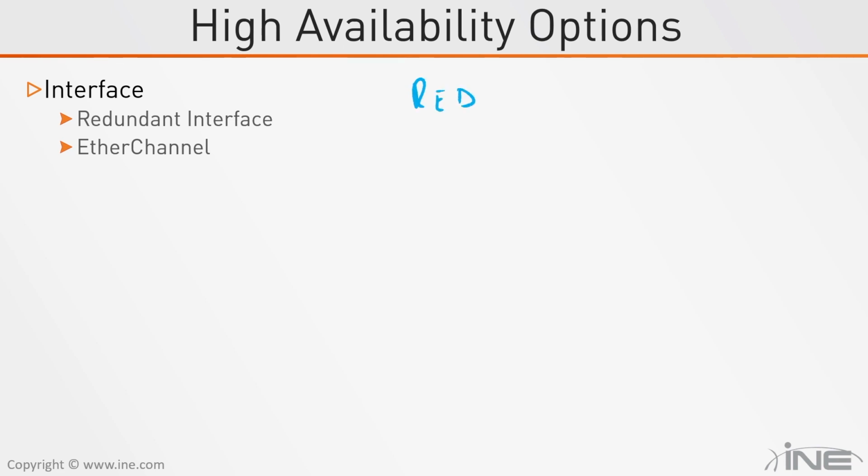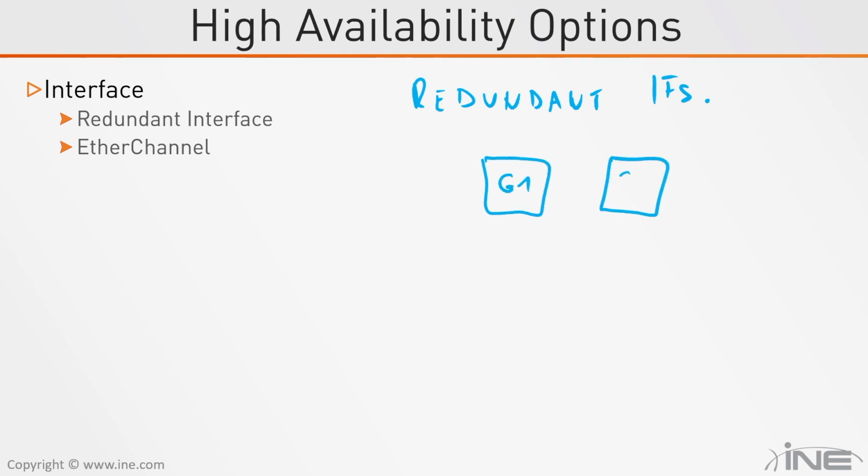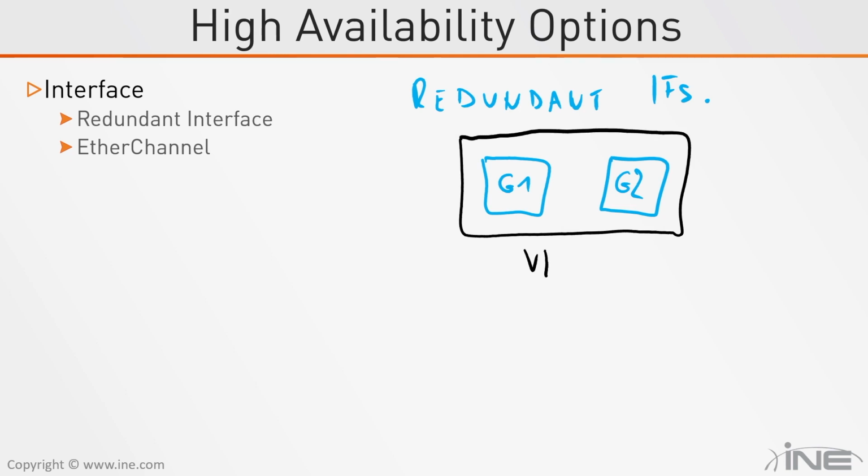Now, in case of redundant interfaces, we're always going to be dealing with two physical ports, like Gig1 and Gig2. Those interfaces, we will make them part of the same VLAN, or if these are to be trunks, we will want to make sure that they are both trunks and they are connected to the same logical networks on the switches.